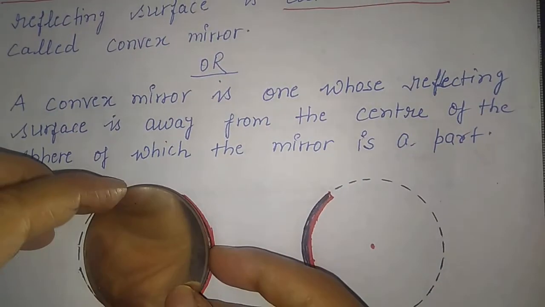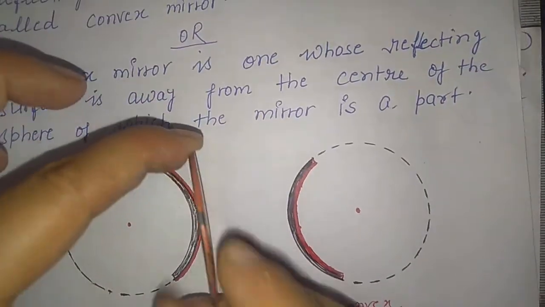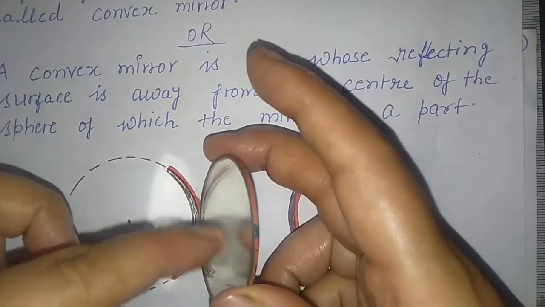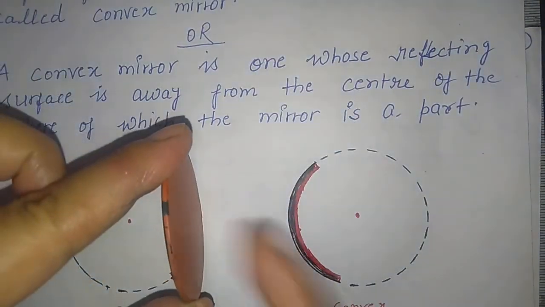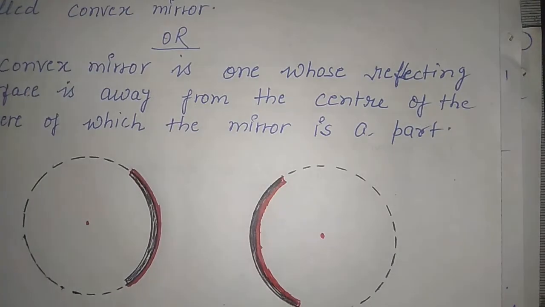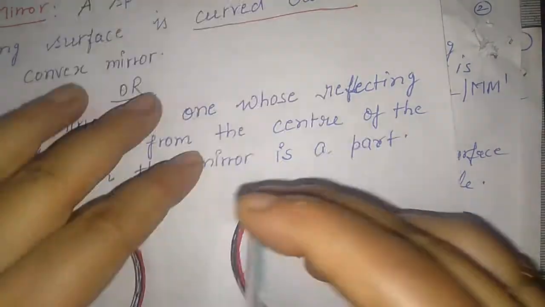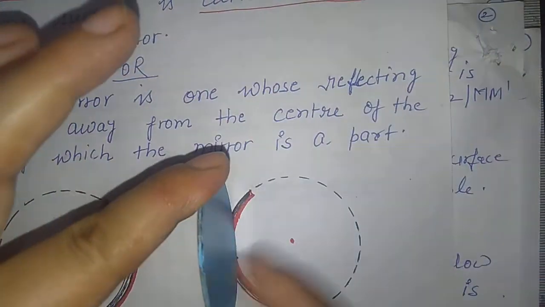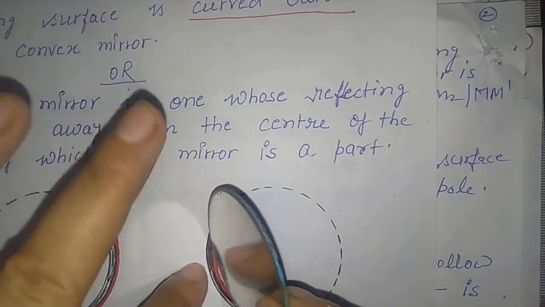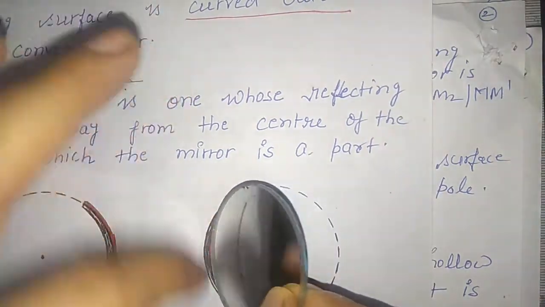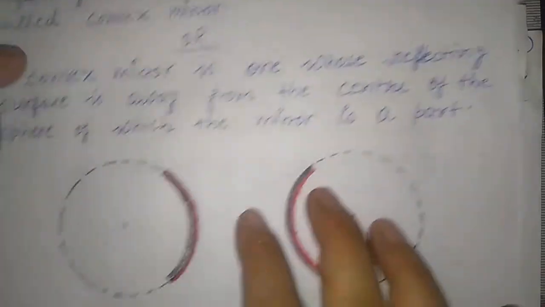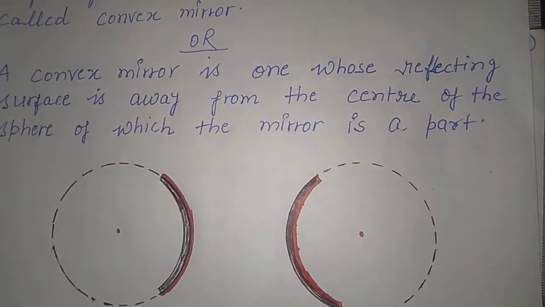It is not placed like this; it is like this, because this is the reflecting side and this is the polished side. Similarly, here we can take like this. This is the polished surface and this one is the reflecting surface. This is curved outward. This is curved inward from the center.